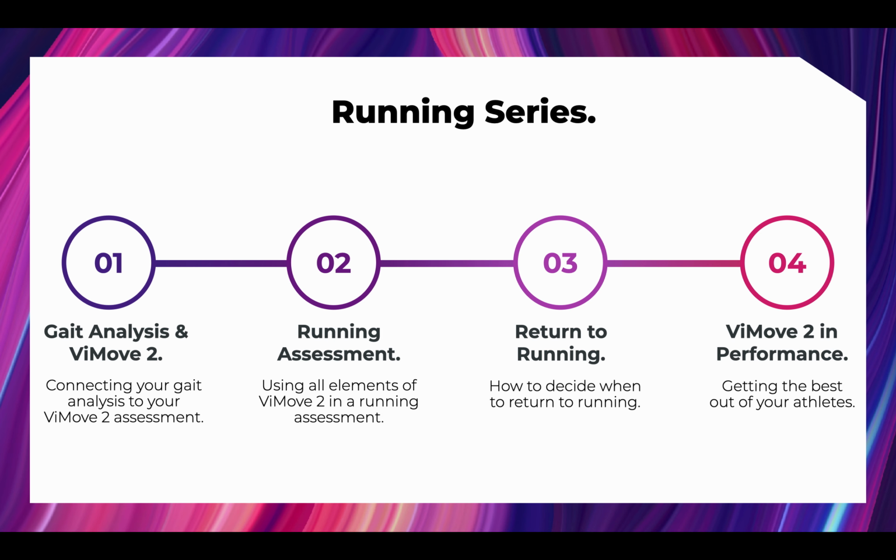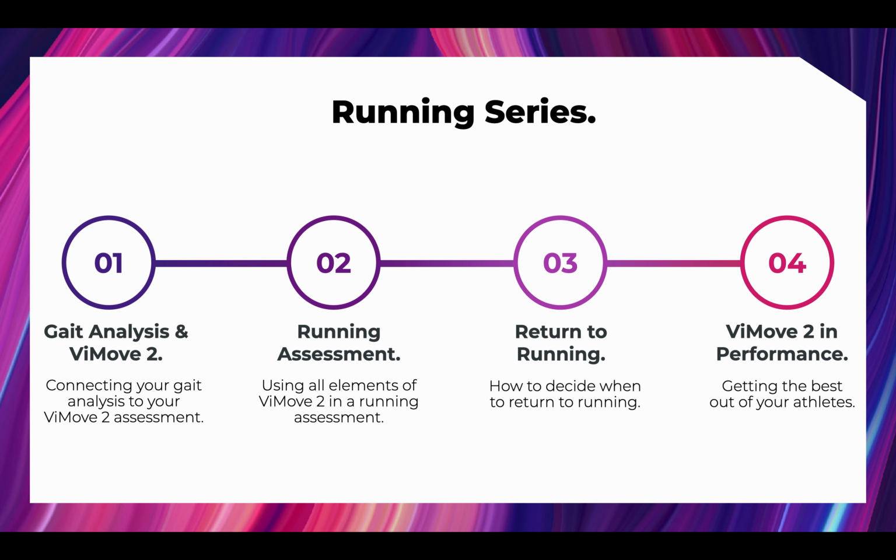And the fourth one is probably the most exciting one, probably one that no one's really had much experience in. It's going to be VMove 2 in performance, so how we can use VMove 2 to analyse different tests, things like 5 metre, 10 metre sprints, T-tests, Cooper runs, and also use it in relation to things like heart rate monitor testing.